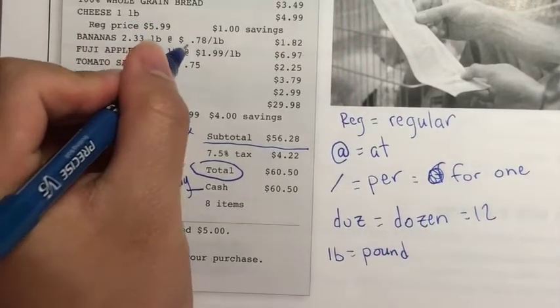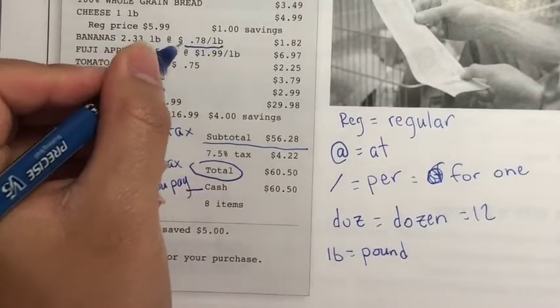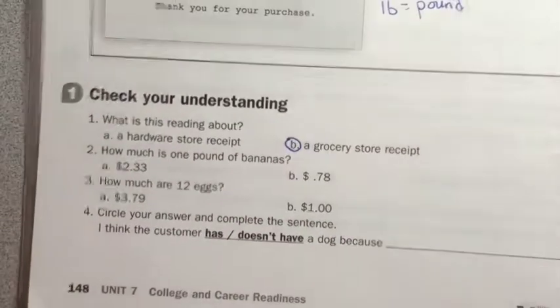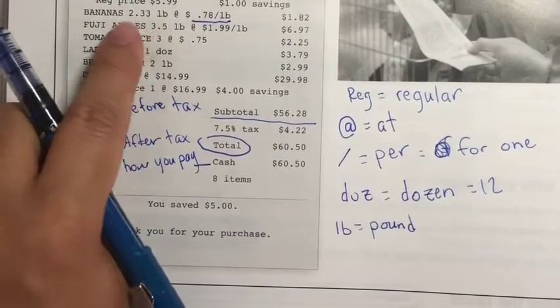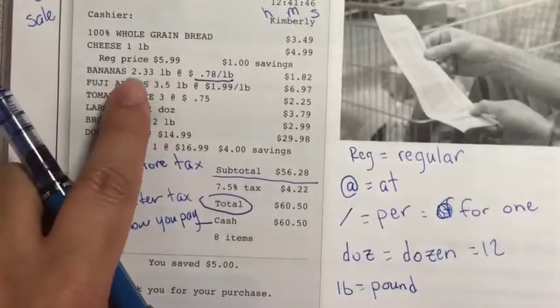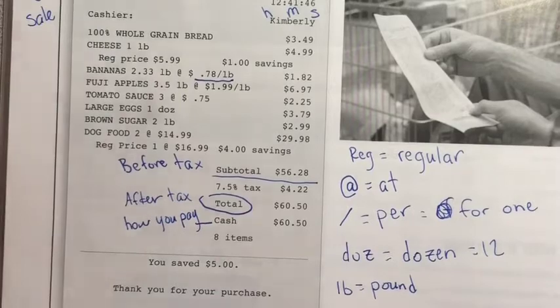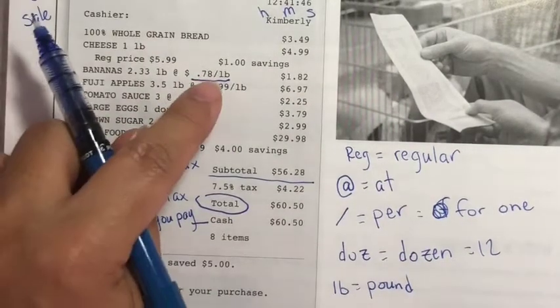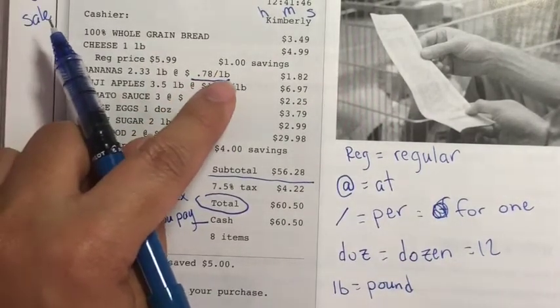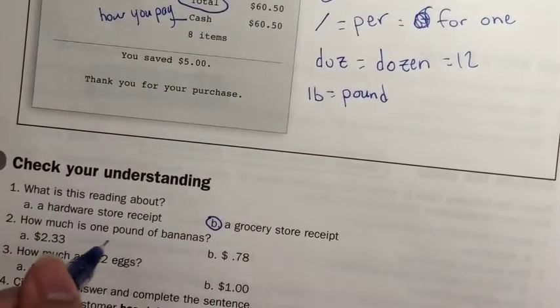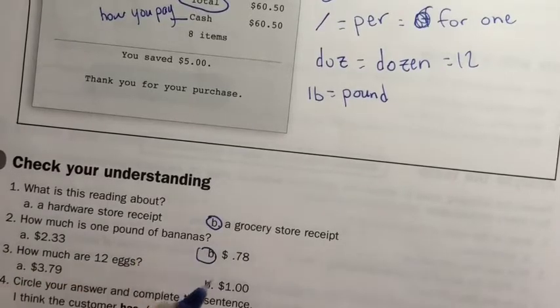This is the price of bananas here. 78 cents for 1 pound of bananas. 2.33 pounds is how heavy the bananas are. It's the weight of the bananas. This is the price of the bananas for 1 pound. So, how much is 1 pound of bananas? 78 cents.